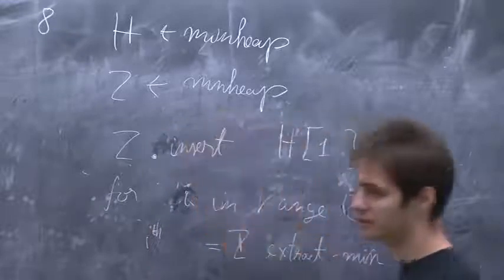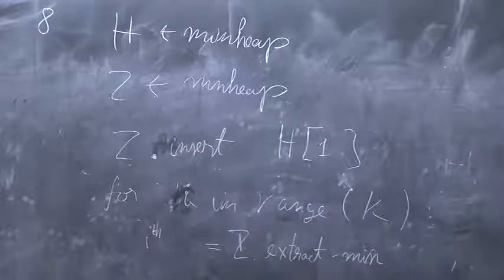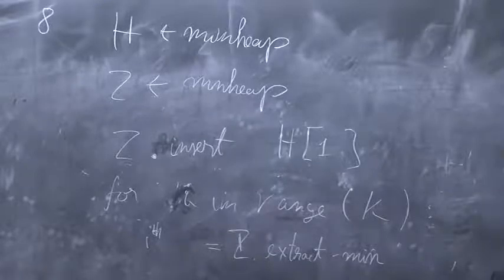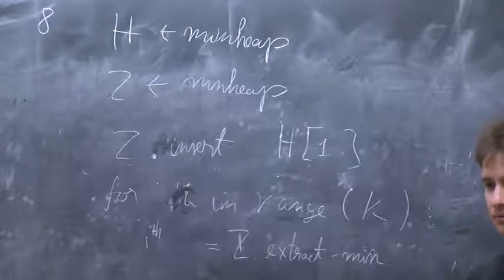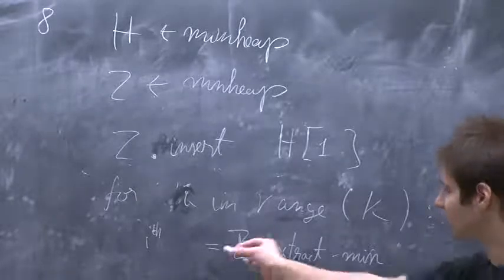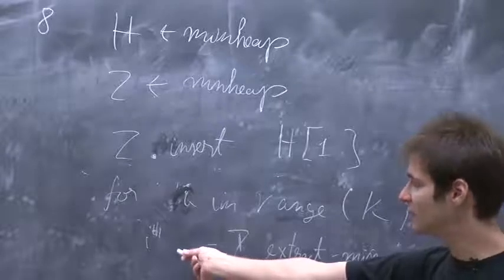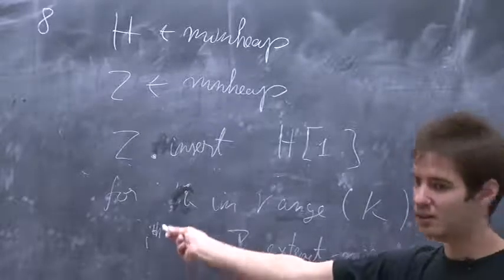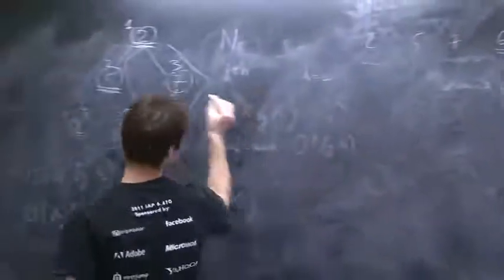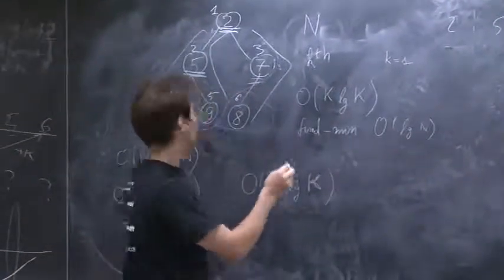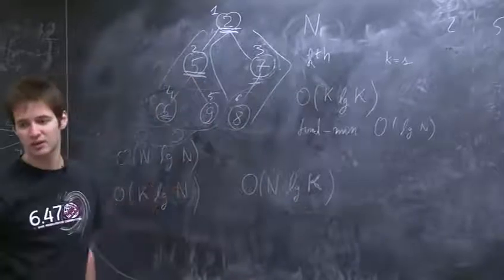And then I want to insert the children in the horizon. How do I do that? It's 2i and 2i plus 1. Okay, so this is if I know the index. But when I'm putting things in the heap, the keys are going to be the values so that I can take out the minimum.